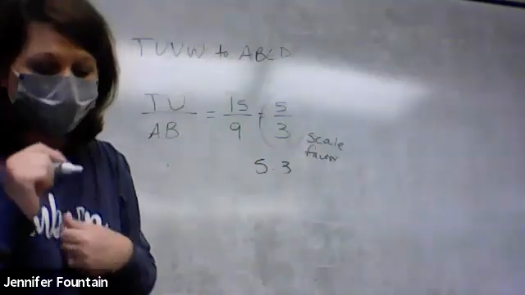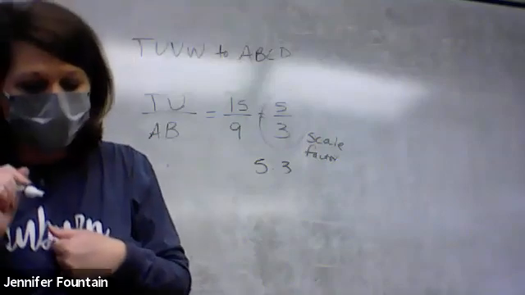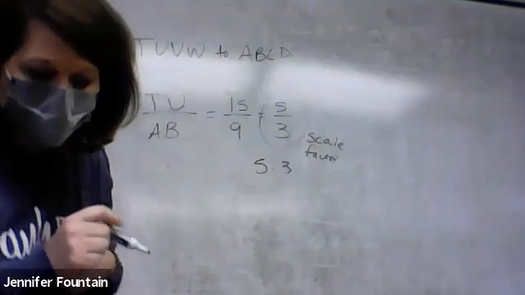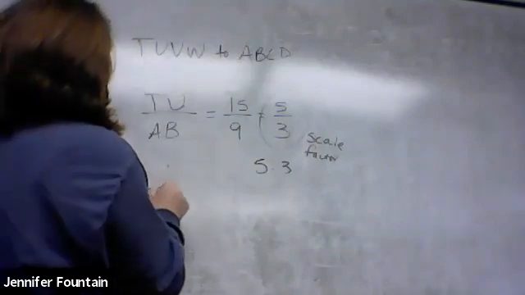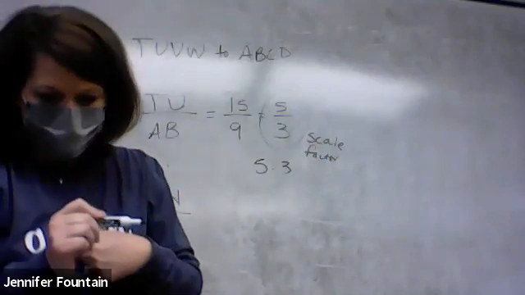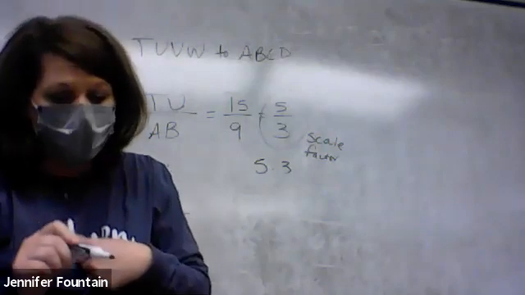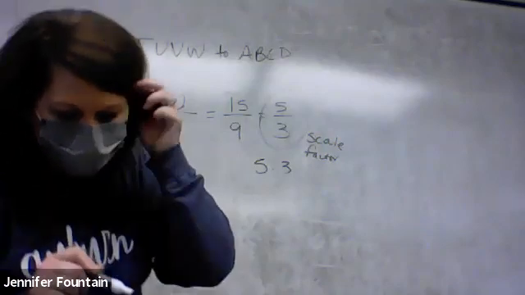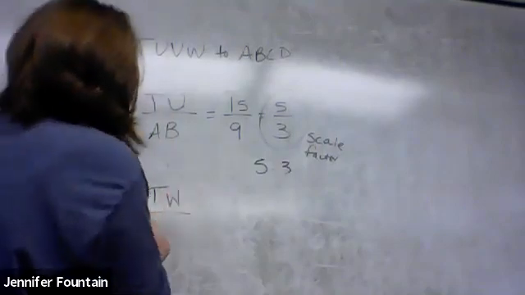So if my scale factor is 5/3, it says to find the length of TW. All right. So if I've got TW, what side does that correspond with? AD. Okay, TW is going to correspond with AD.